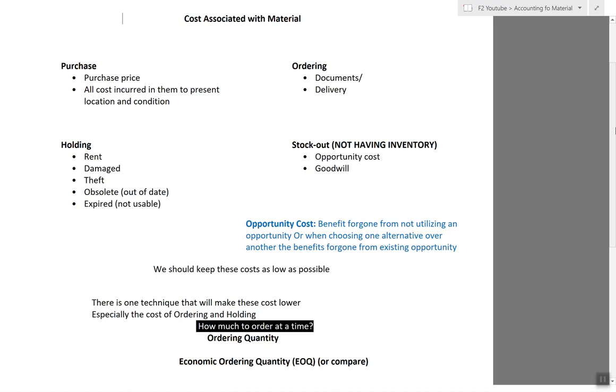And also the biggest disadvantage, the biggest cost that stockout has is goodwill. It affects the reputation of the business. If you go to a store, especially if you travel and the store is at a very big distance, you go there once and you want to buy something, they don't have it. Maybe next time you go, you don't go there.